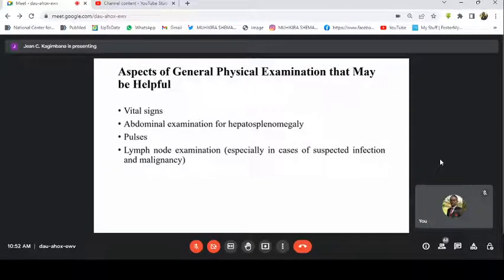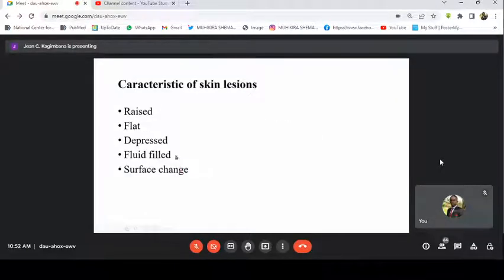You have to palpate the patient, okay? Axilla palpation, okay? Crural palpation to see if there are lymph nodes that may lead to malignancy. And characteristic of lesions, they may be raised, palpable, flat, not palpable, depressed.